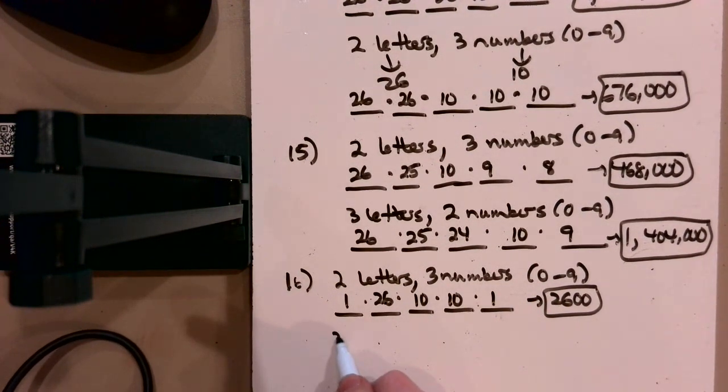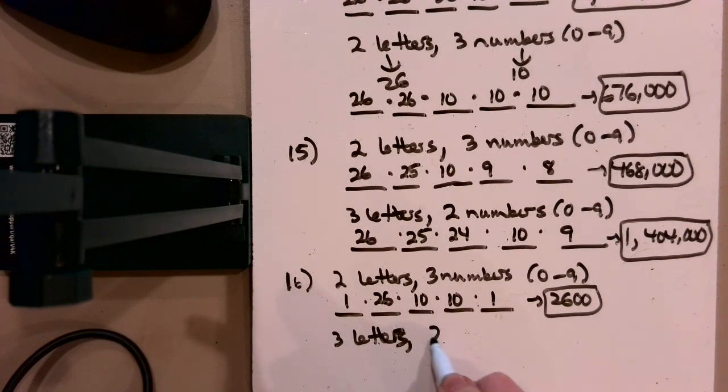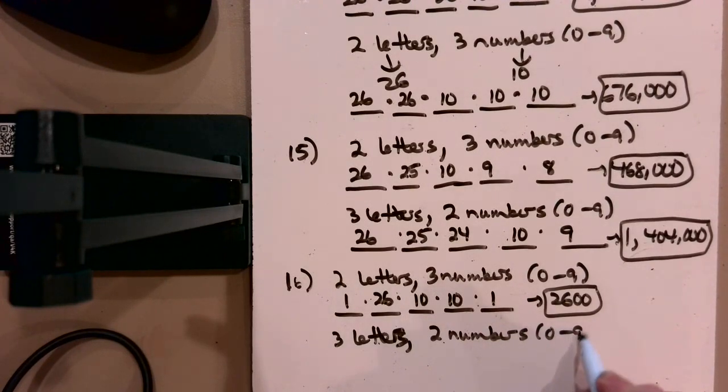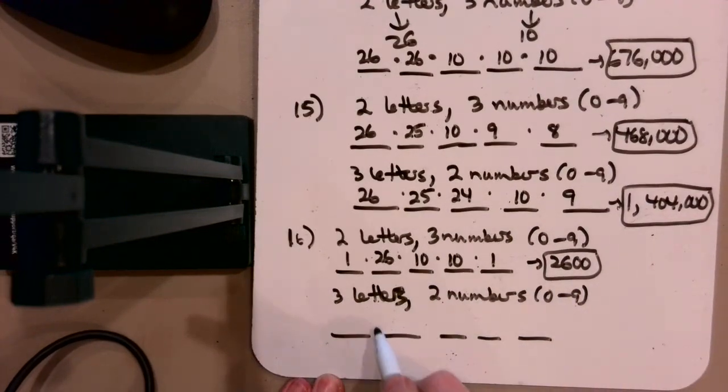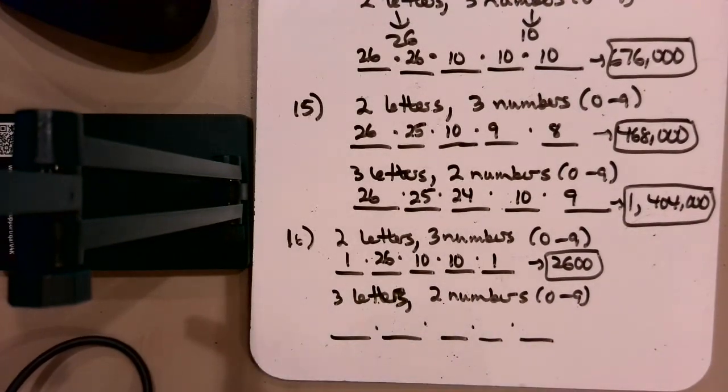The other version is you've got 3 letters followed by 2 numbers from 0 to 9. Again, 5 blanks, a 5-character password, fundamental counting rule. And it says how many passwords are possible. The first letter must be an A. The last number must be a 7 with repeats allowed.